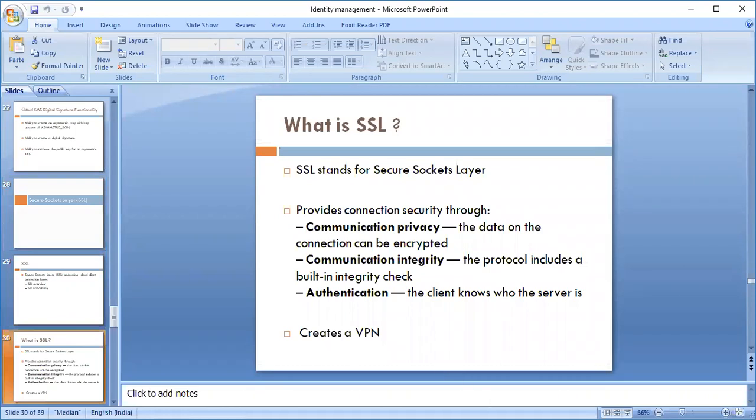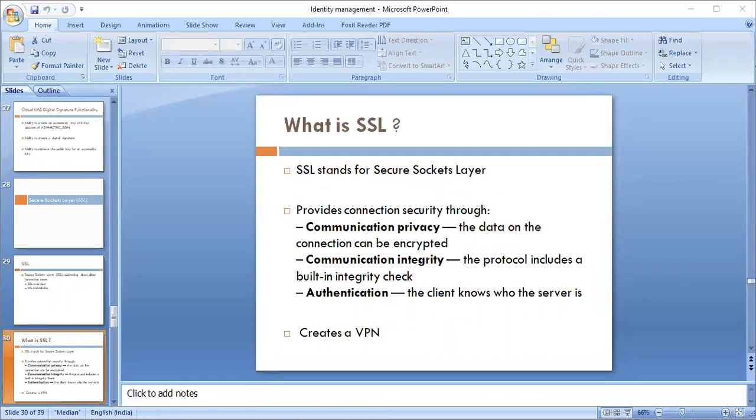What actually is SSL? Basically, SSL stands for Secure Sockets Layer, and it provides connection security through communication privacy. That means the data on the connection can be encrypted.